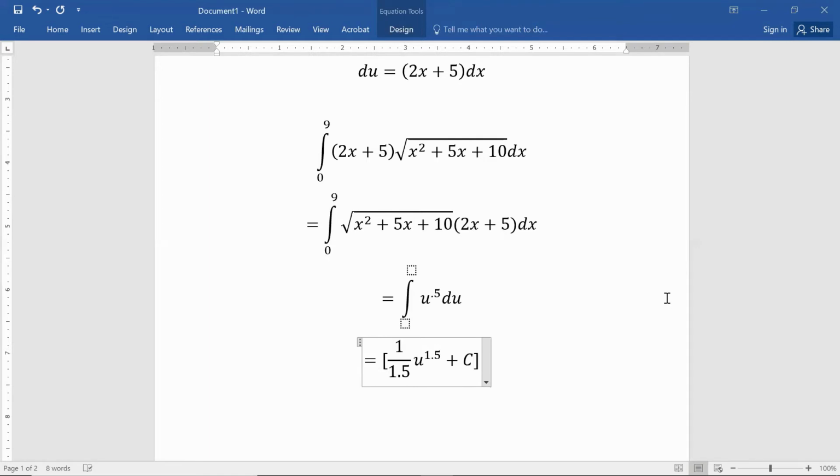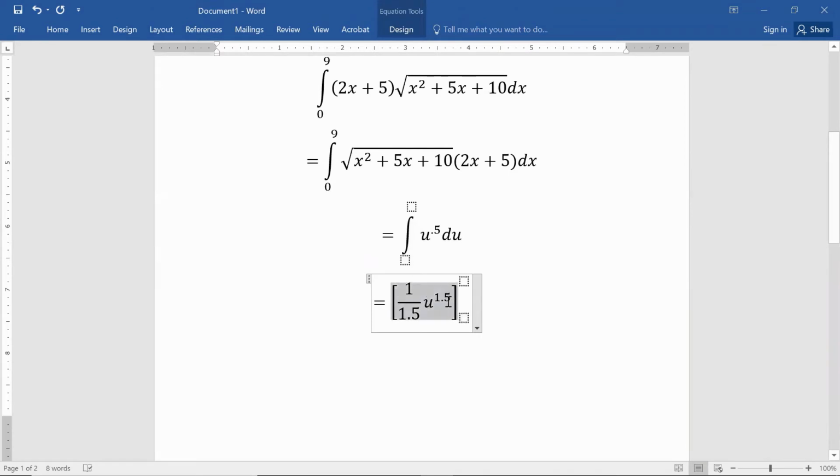Since we're doing a definite integral, I'm going to choose the constant of 0. And then my bounds, well, I'm going to write 0 to 9. That's actually incorrect. It's going to be from some u value to some other u value.